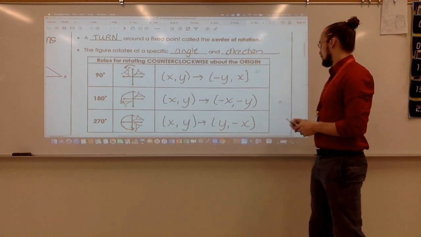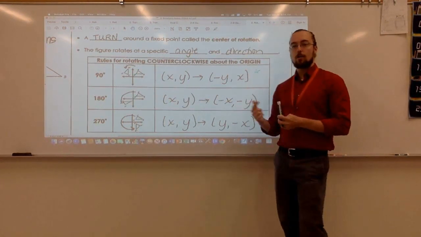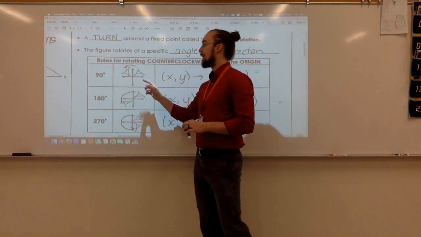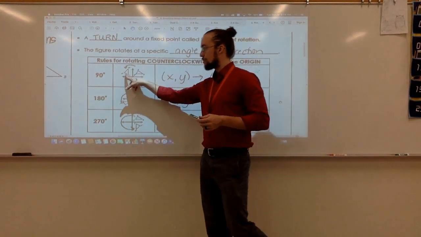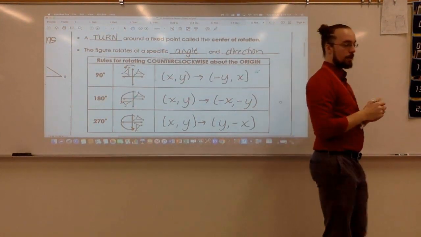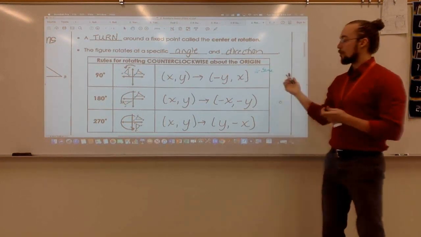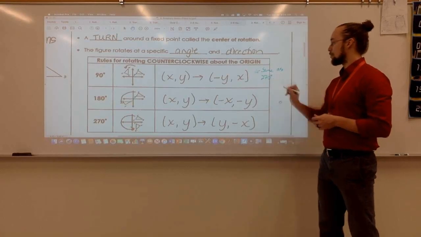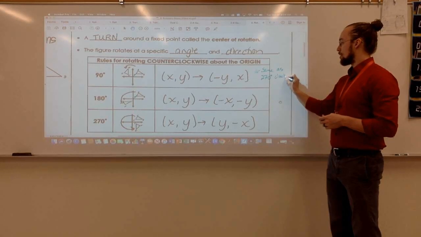A 90 degree counterclockwise rotation, so if I'm going 90 degrees this way, that would be the same as if I went 270 degrees clockwise. So a 90 degree counterclockwise rotation is the same as a 270 degree rotation clockwise.